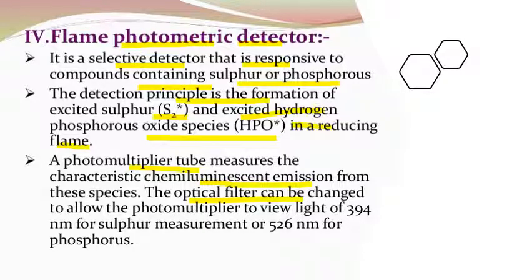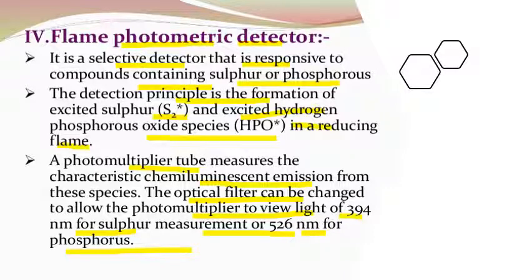The optical filter allows us to see the emission of light at 394 nanometer. If the emission of 394 nanometer light is seen, we understand that it is sulfur, and the measurement of 526 nanometer light gives the indication of phosphorus.